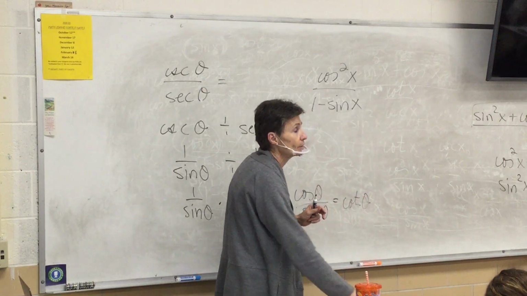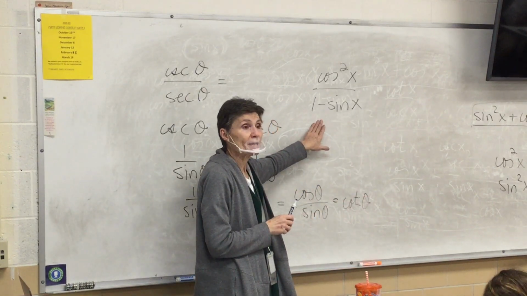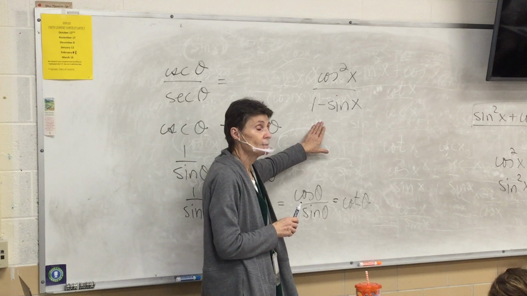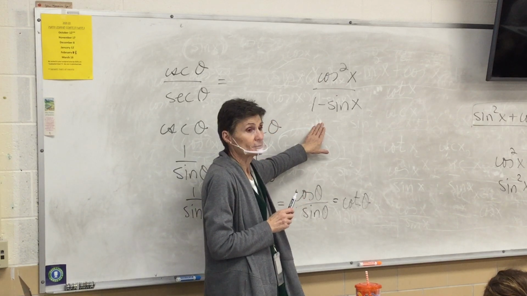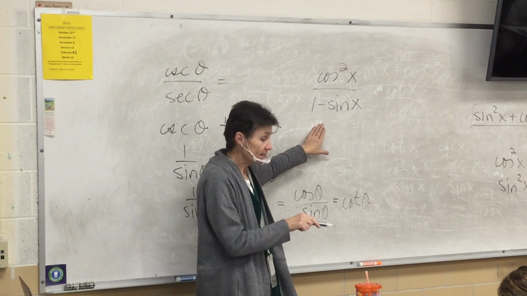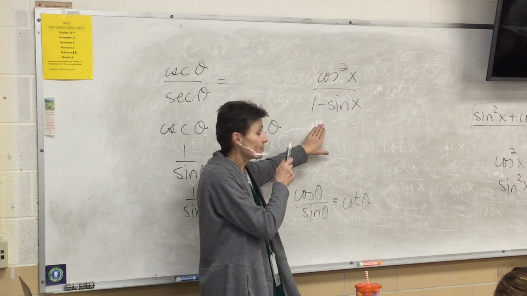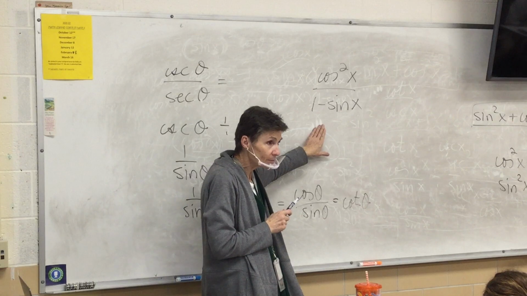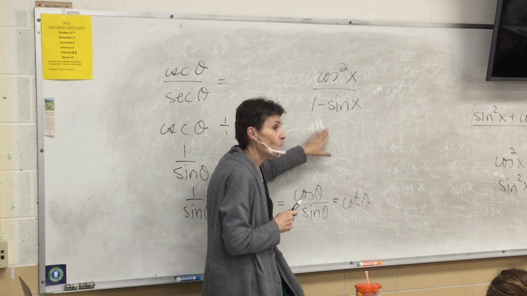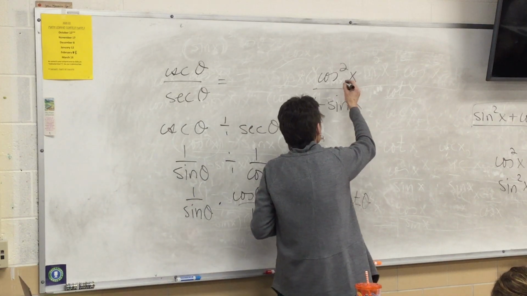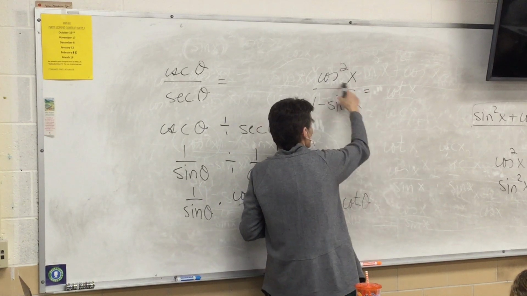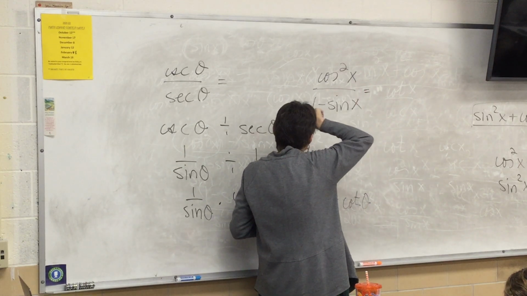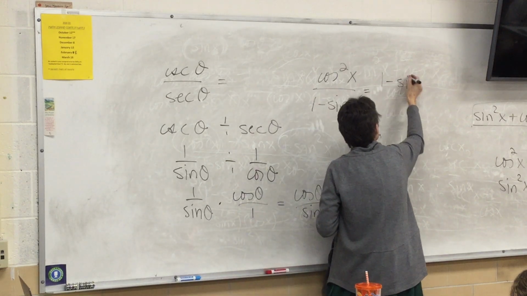Now, I want you to look at the problem that we have. Nothing cancels. Your job is to simplify this, and not a thing can cancel in this problem. However, what do we know about cosine squared? What does cosine squared equal? 1 minus sine squared.